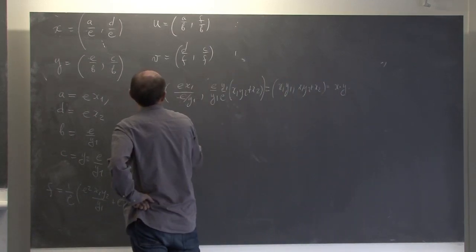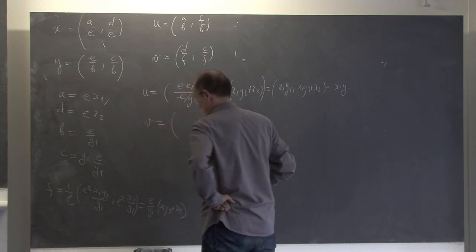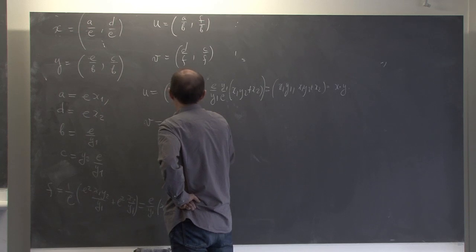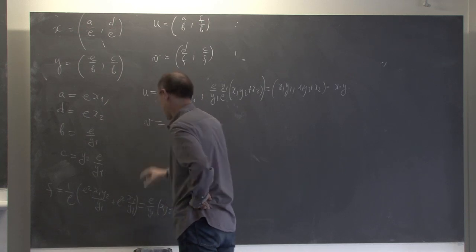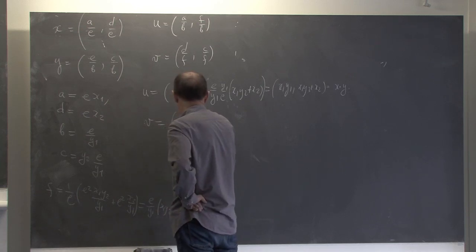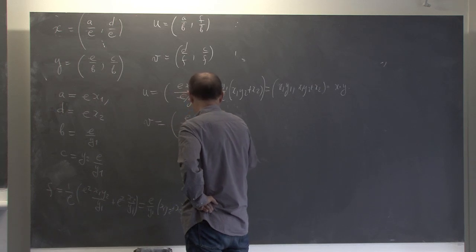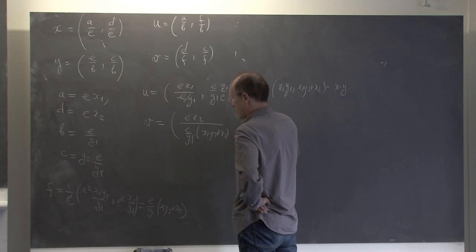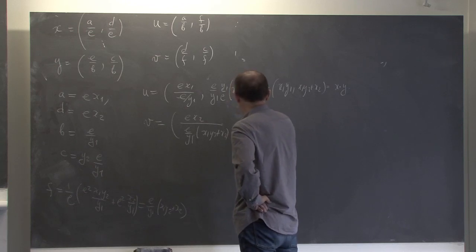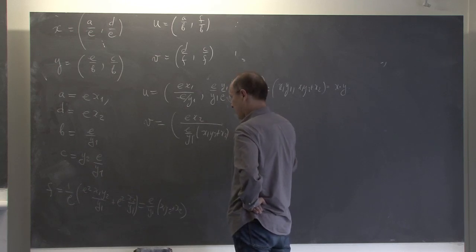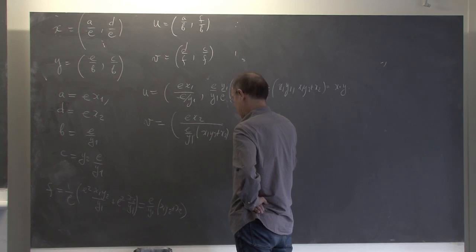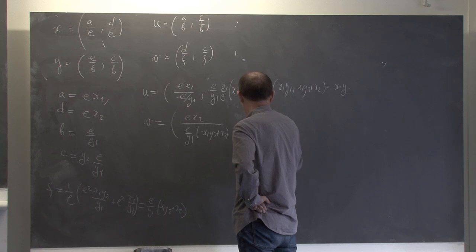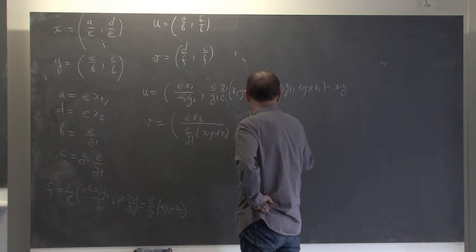and v is likewise the d ex2 divided by f, which is e over y1 x1 y2 plus x2, comma, c y2 over y1 e divided by, again, f e over y1, x1 y2 plus x2.